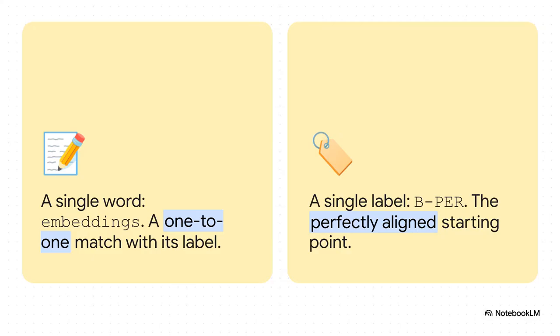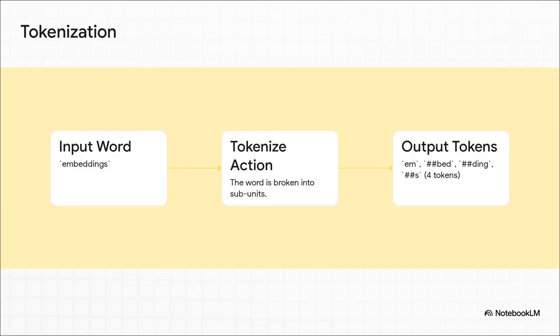So check this out. Imagine in our original dataset, we have the word embeddings and its label is B-per, which could stand for, say, the beginning of a person entity. It's simple, it's clean, it's a one-to-one match. This is our perfect starting point. But then, look what happens. A powerful tokenizer, maybe one from a model like BERT, doesn't just see embeddings as a single thing.